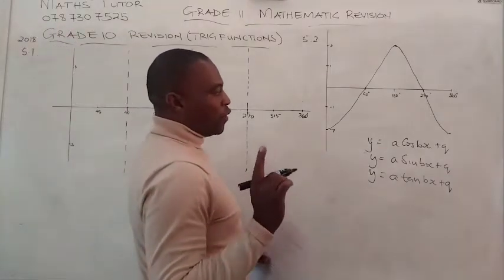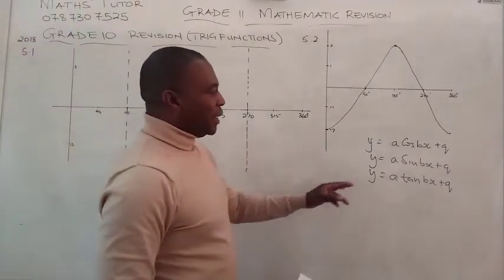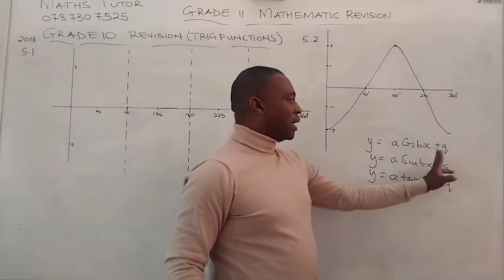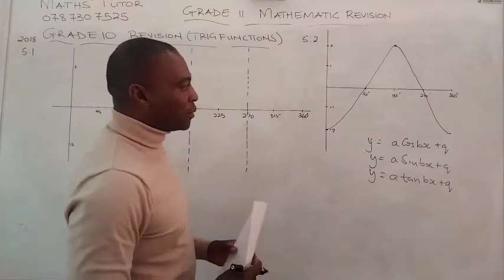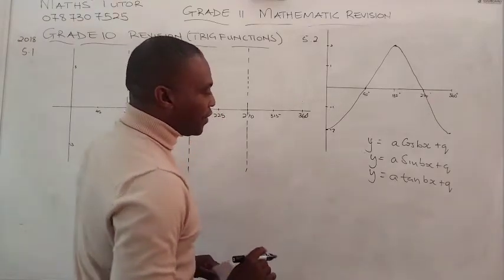So for you, there are three variables here, a, b, and q, but for a question they will bring a maximum of 2 variables. They will not bring 3.